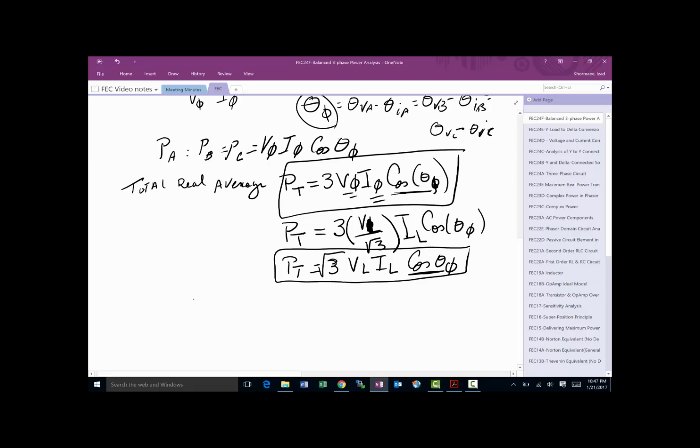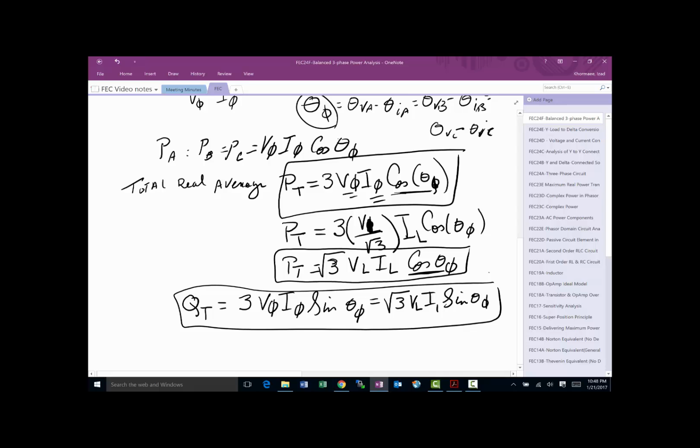So we can say that the total reactive power Q for the three phase could be written as either 3 V phi I phi sine of theta phi, or in terms of the line voltage, square root of 3 VL IL sine of theta phi. So these are somewhat useful to have.